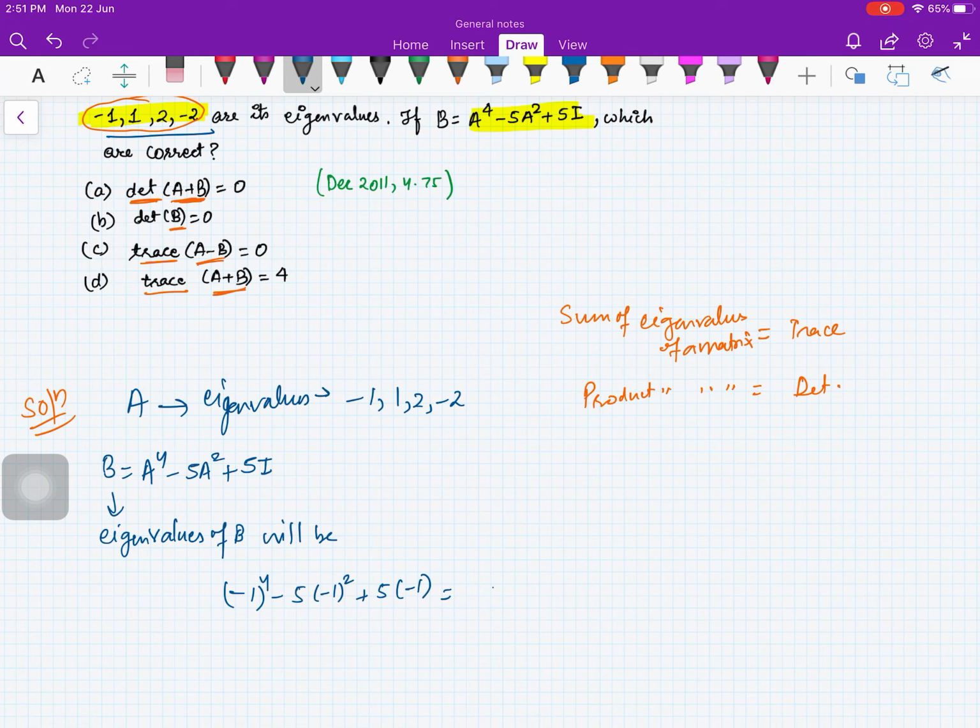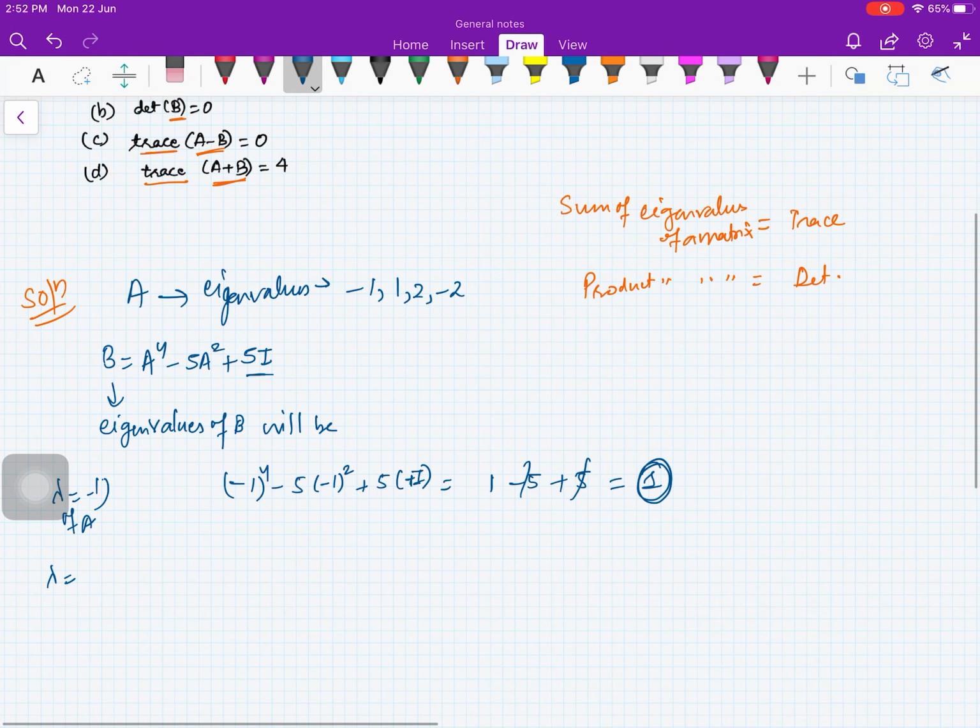So this is 1, this is -5, and this is plus 5, so this will be 1. So the eigenvalue lambda = -1 of A corresponds to lambda = 1 of B.